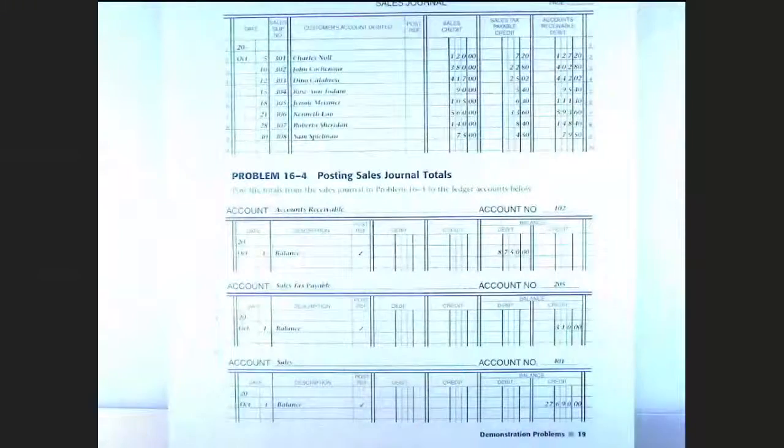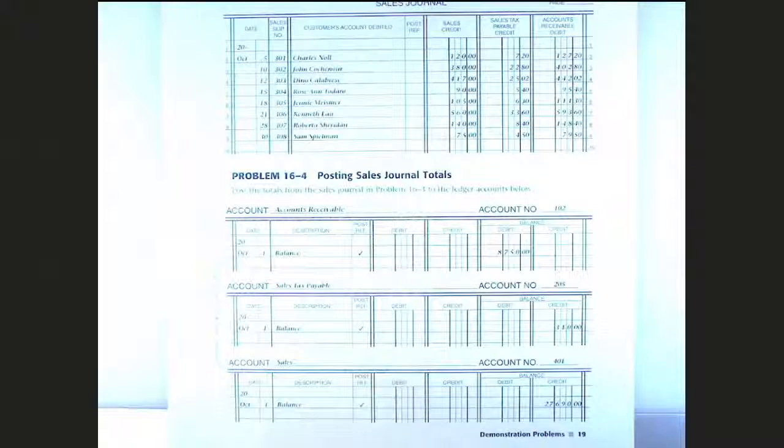After we have a number of transactions for the month completed in that sales journal, we're going to do what's called footing. Footing is like a temporary total. The directions are: top to the foot, prove, total, and rule.